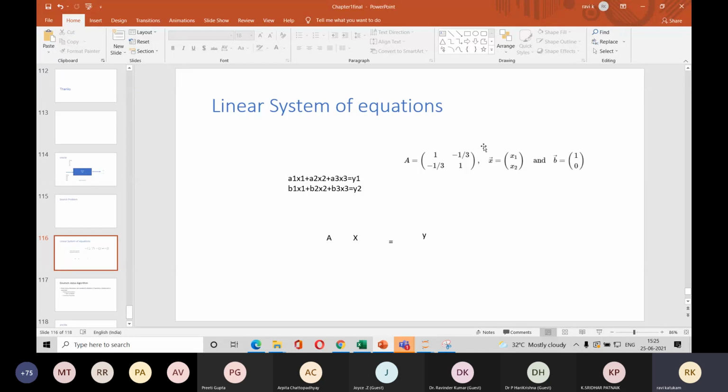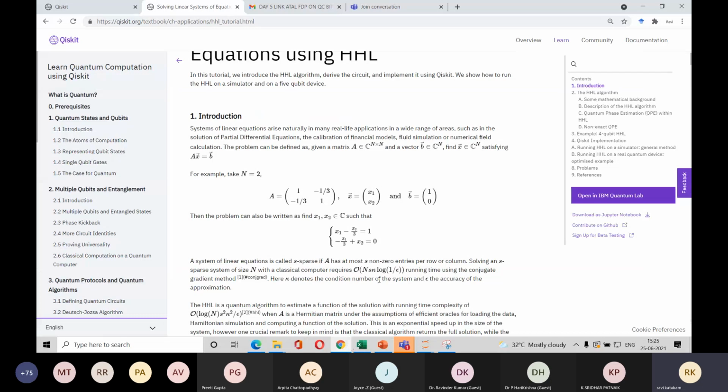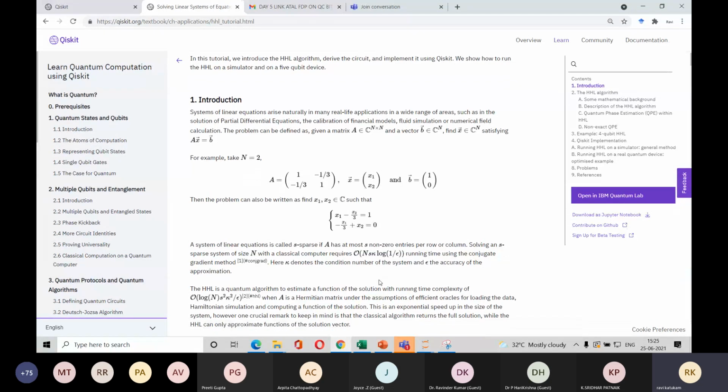Sometimes this A cannot be inverted. You cannot take the determinant and go for the inversion of this A matrix. So in that case, it becomes difficult and it takes a lot of time.